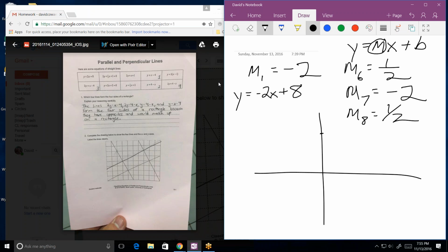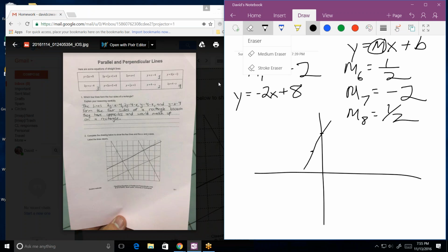Then you go down 2 and left 1. If I did that, I'd go down 2 and left 1. What kind of slope would that be? Positive or negative? Negative. No, that's a positive slope. If I do exactly what you told me to do, I end up with a positive slope.